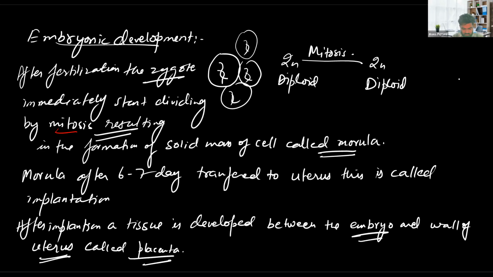This contraction propels the baby outward. It is a painful process called labor pain. Finally, the baby comes out and the placenta and the umbilical cord are detached. Note it down.